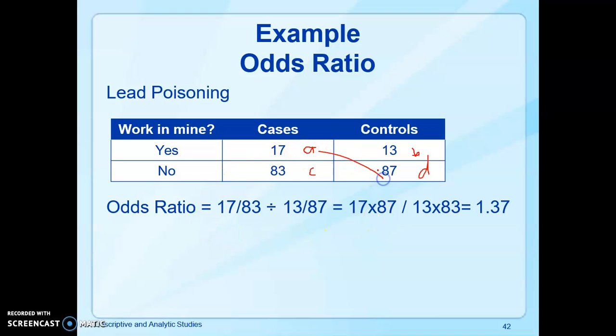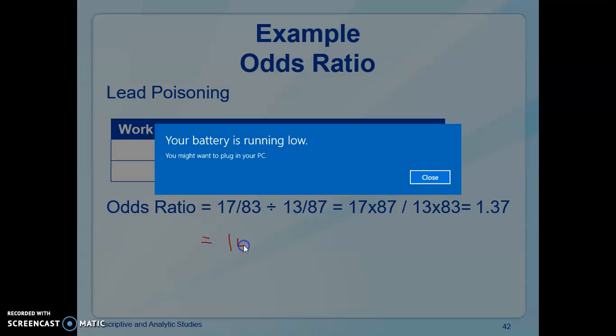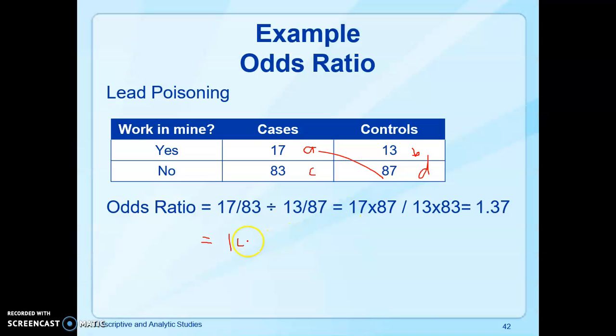So, 17 times 87, pila? Gamit inyong calculator, guys. Times 87, 1479. Then, divided by, of course, multiply 13 times 83.